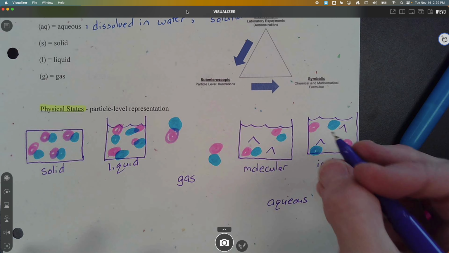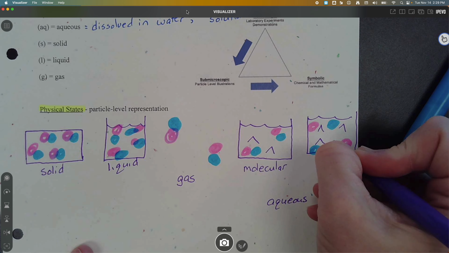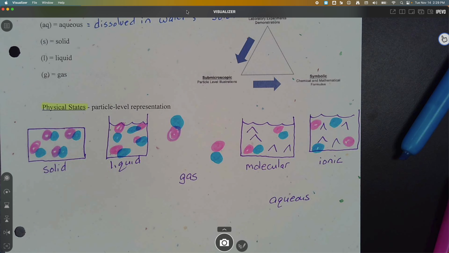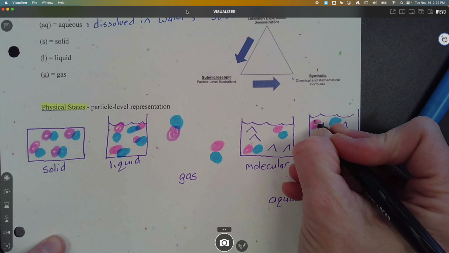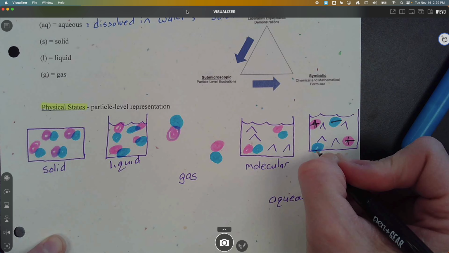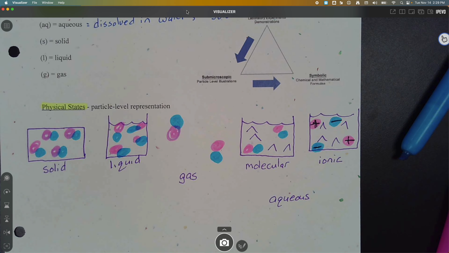And maybe to show that they're separate, we should have a few more water molecules here, now that we know where everything's going to be. And if it's ionic, that means that pink blue has some charges. So maybe the pink ones are positive, and the blue ones are negative.